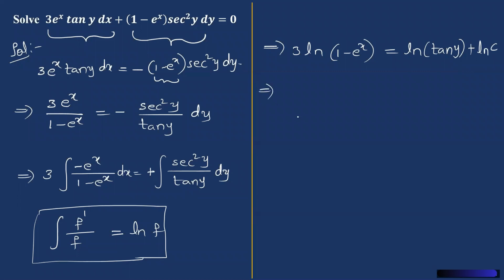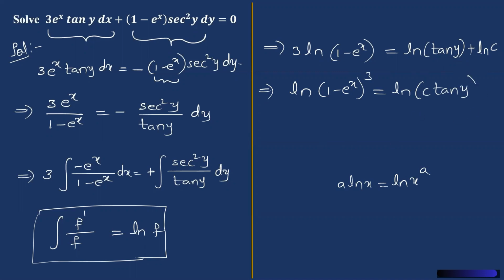As we know, when you have log x, we can easily write this as log x power a. Using this idea, I'm writing it this way, log of 1 minus e power x whole to the power of 3. And it is equal to, you see on the right hand side, it is like log a plus log b, so we can write it as log of c tan y.